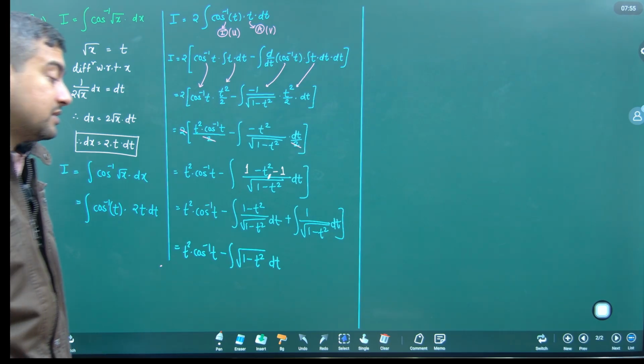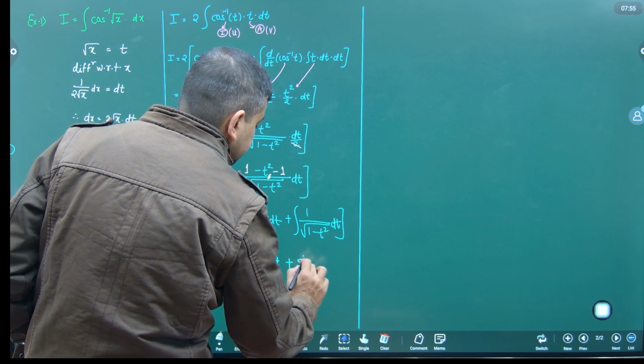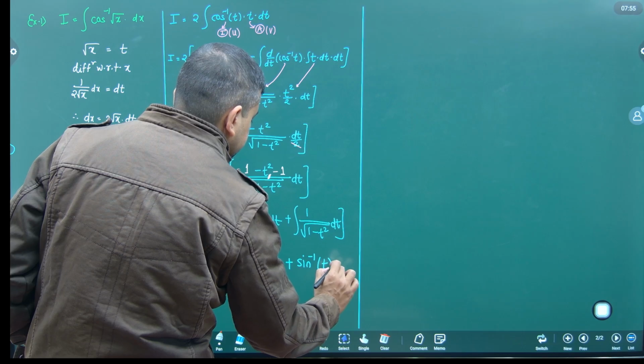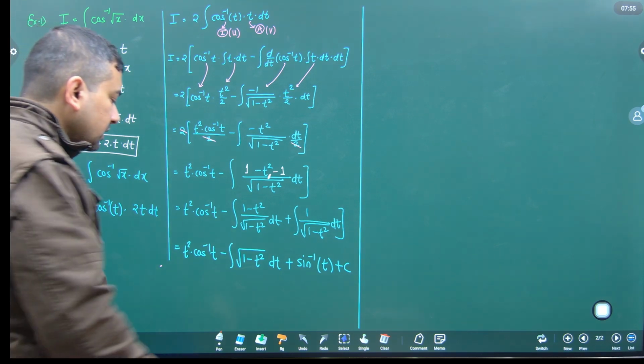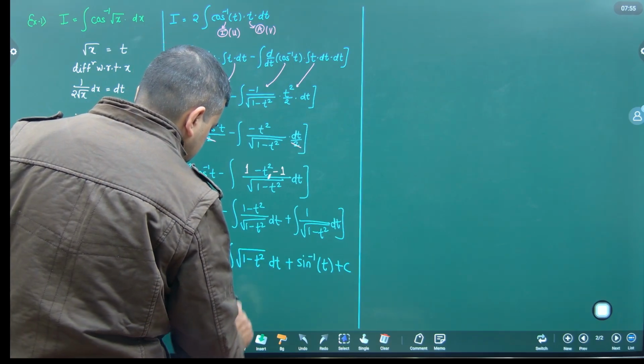So the integral of this is sine inverse of t plus c, correct? Okay. Now important is how you will find the integral of this term.